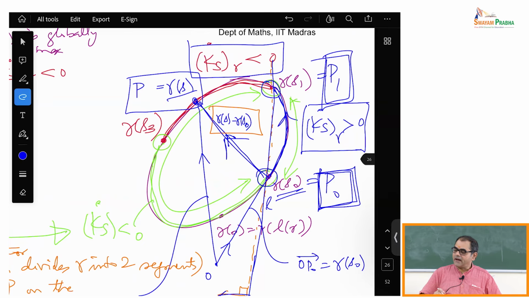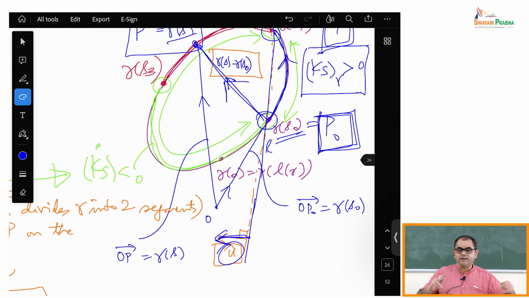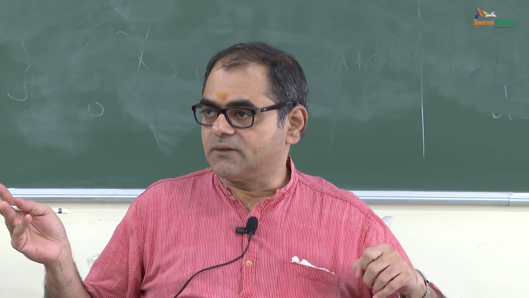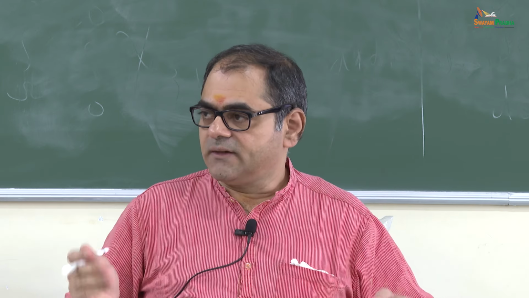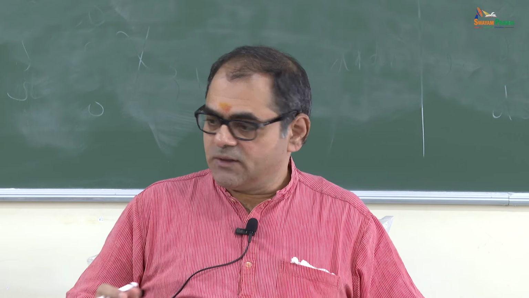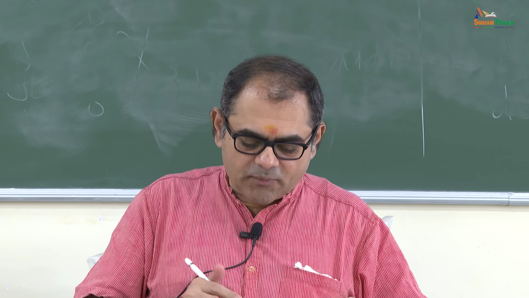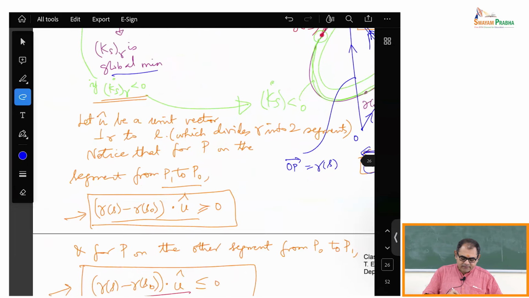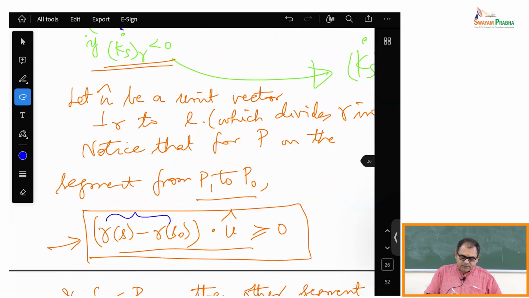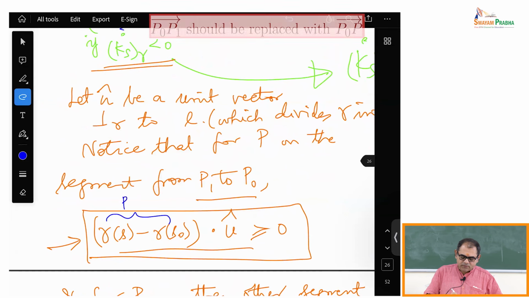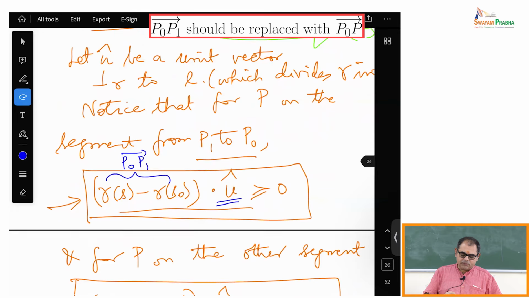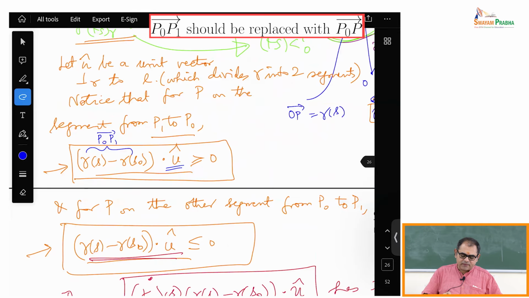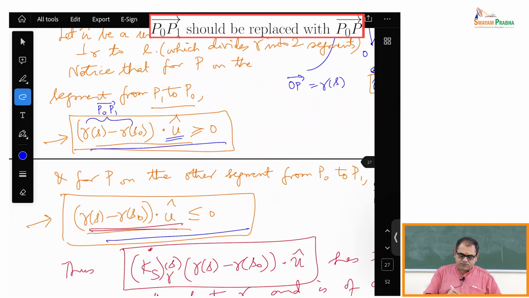Now when P lies on one side and when P lies on the other side of the line, on the curve, then you see that these dot products have opposite signs. So what you do is that you take this dot product, this is the P0P1 vector, okay, you dot it with u, you see that on the two segments it is of opposite sign.